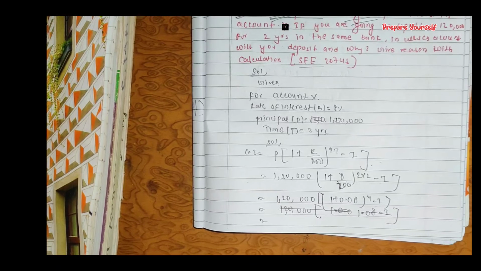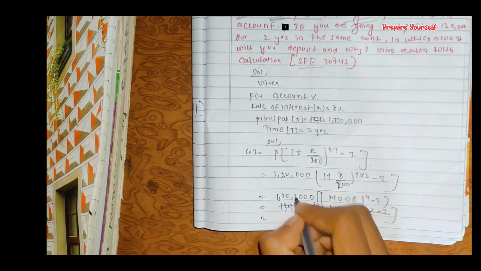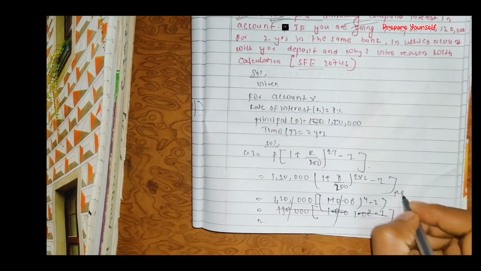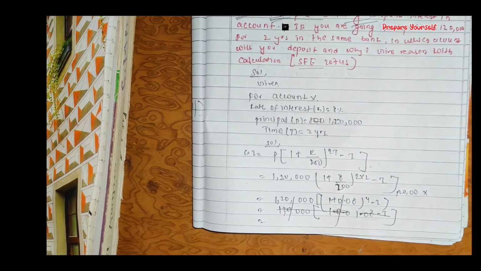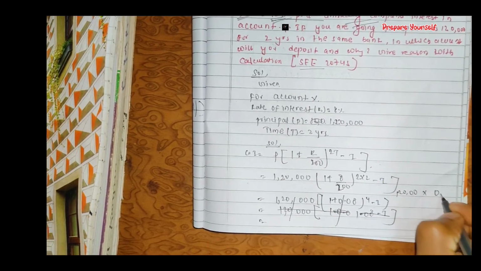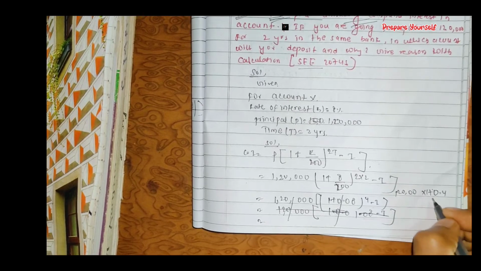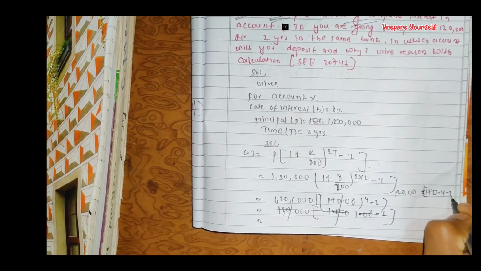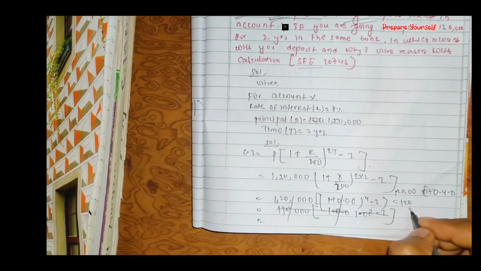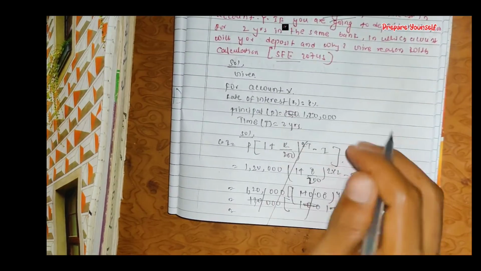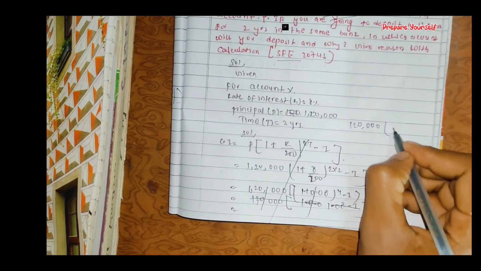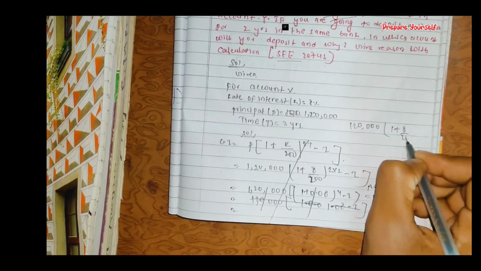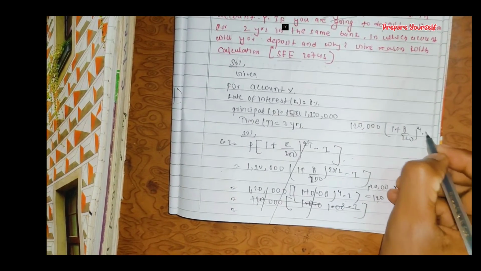So 8 divided by 200 will be 0.04. So 1,20,000 into (1 plus 8 by 200) power 4 minus 1.